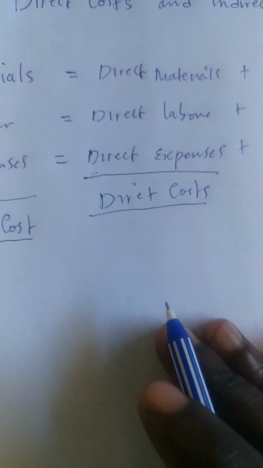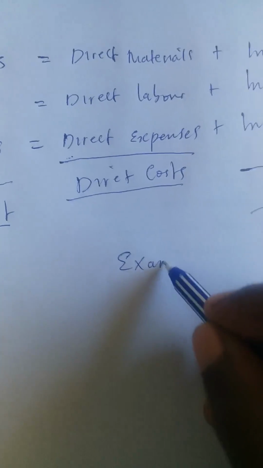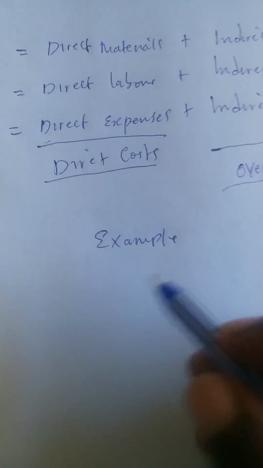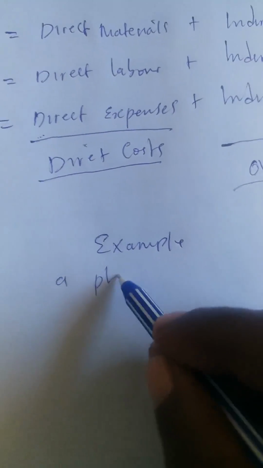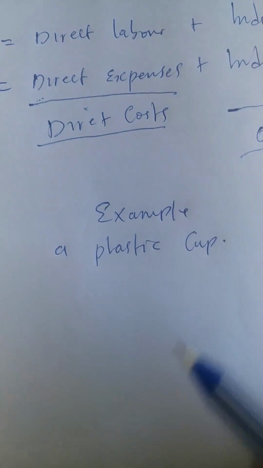So let's say you want to manufacture a plastic cup. This is my example. What are you going to need to manufacture this plastic cup?